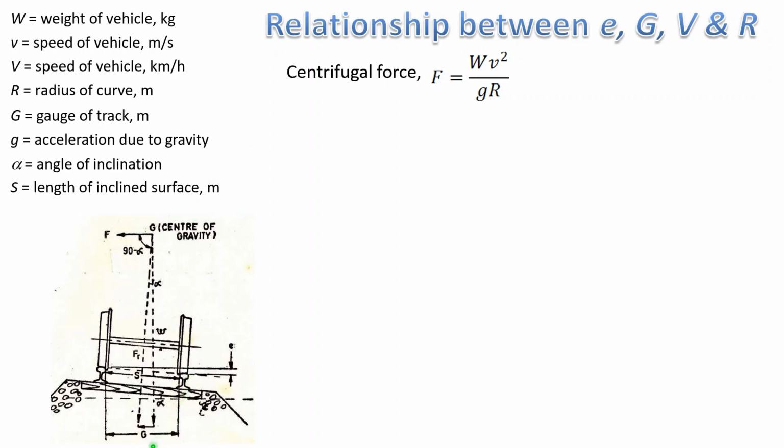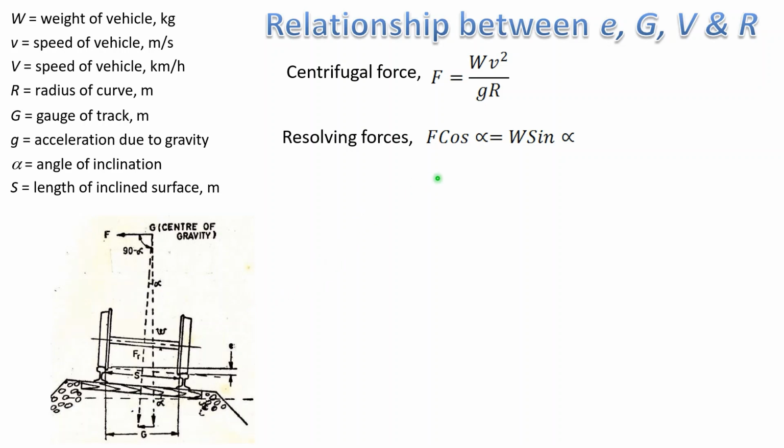Here we can see the outer rail is raised with respect to the inner rail, from which we can say that the train is moving to the right hand side, so the centrifugal force will be acting to the left hand side. So we can resolve the various components of the centrifugal force and the weight along this inclined surface.